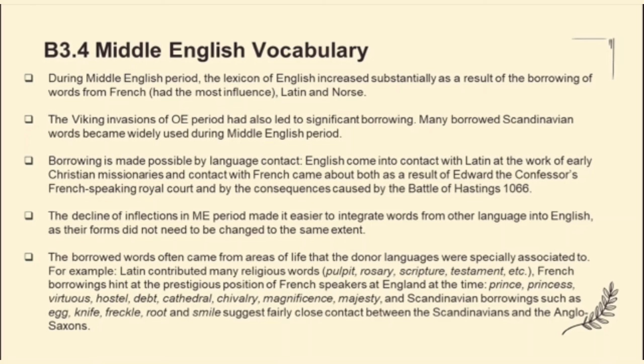For example, Latin contributed many religious words, such as pulpit, rosary, scripture, testament, and French borrowings hint at the prestigious position of French speakers in England at the time, such as prince, princess, virtuous, hostel, debt, cathedral, chivalry, magnificence, majesty, and Scandinavian borrowings such as egg, knife, freckle, root, and smile suggest fairly close contact between the Scandinavians and the Anglo-Saxons.